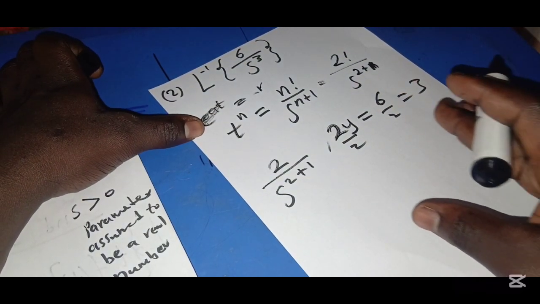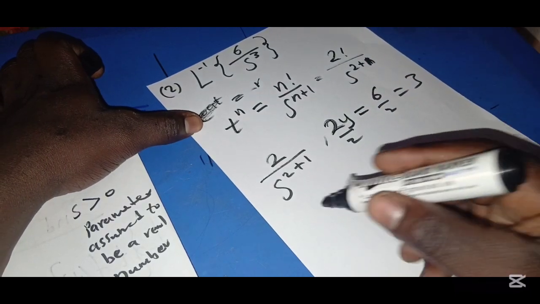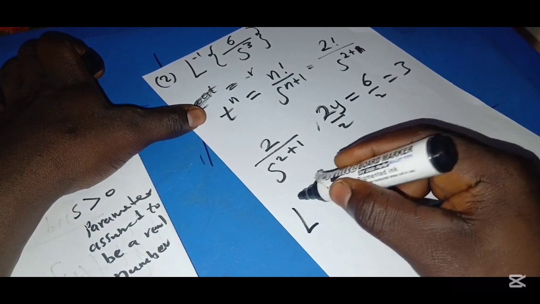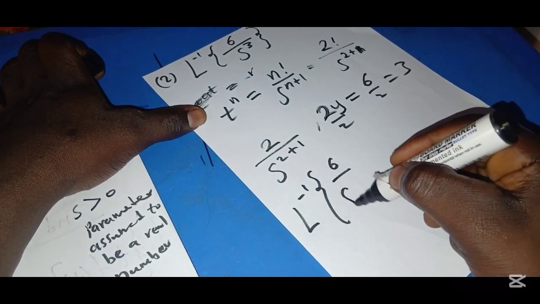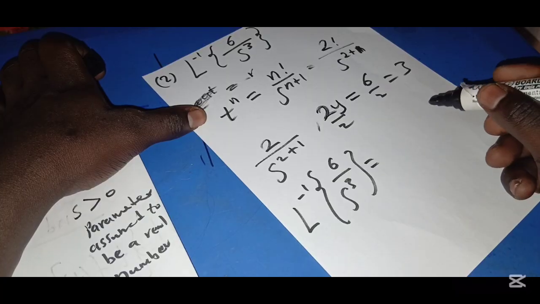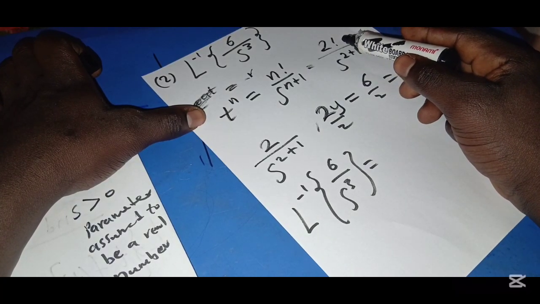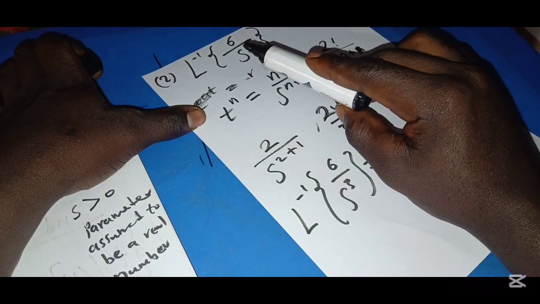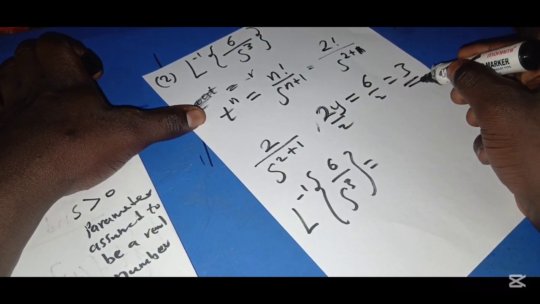So now that I'm done with my numerator analysis and my denominator analysis, it means that the Laplace inverse of 6 over s to the power 3 is the same as, and mind you, what will multiply your true numerator to give you a fake numerator is mostly a constant, right? And we've gotten that one to be 3.